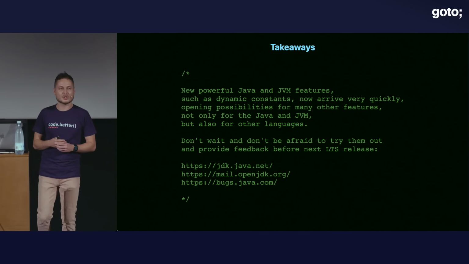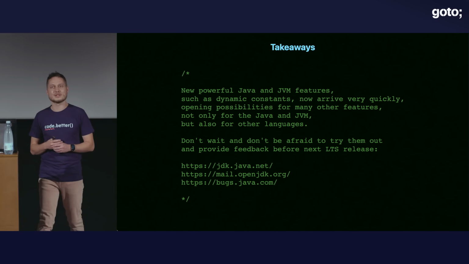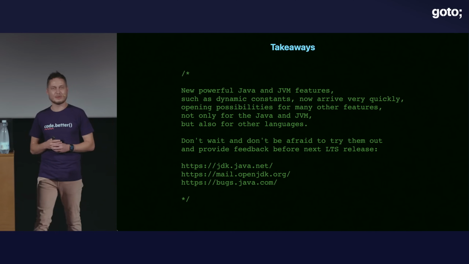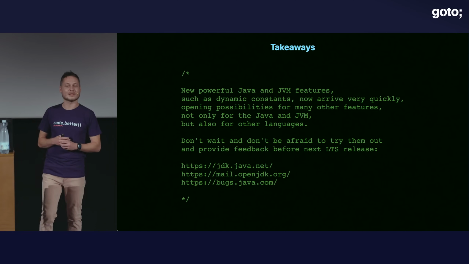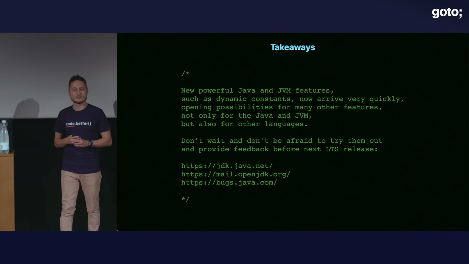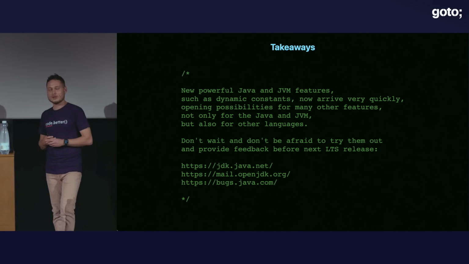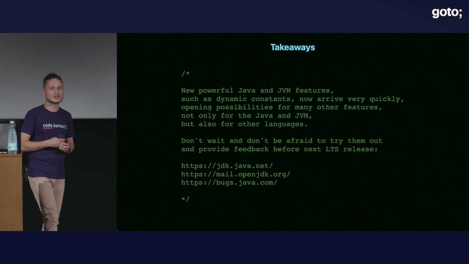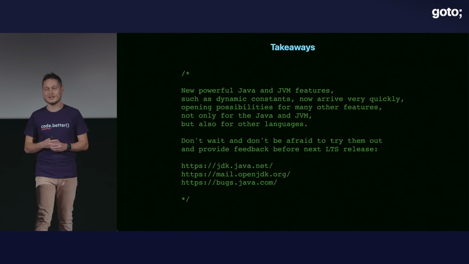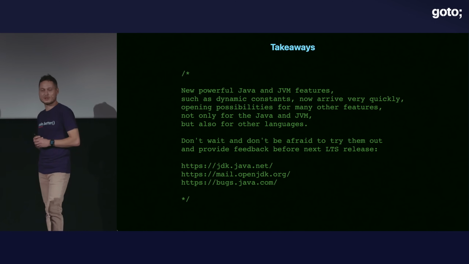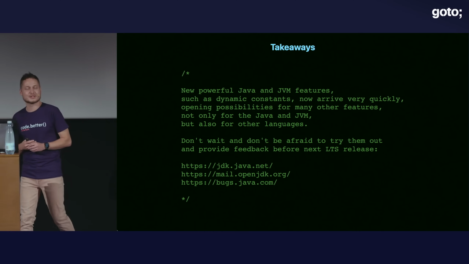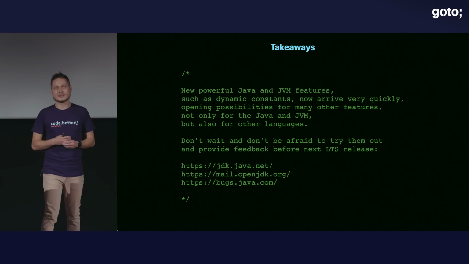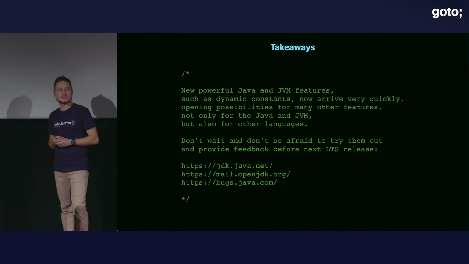Another takeaway that I'd like you to take home, just one more, if you can. Today, new powerful Java and JVM features arrive with incredible pace, with incredible speed. They unlock new possibilities, new features that you can use, not only for Java and the JVM, but also for other languages such as Kotlin, Scala, Groovy, etc. But the people who write this code are people.